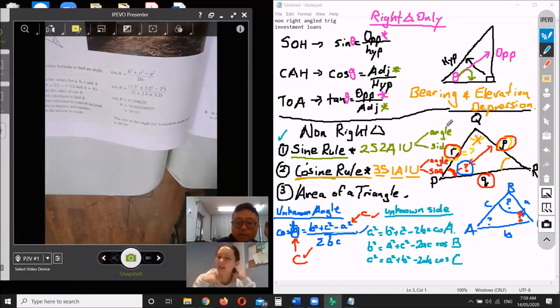So then you've got to find its supplementary. You've got to take it away from 180 in order to find what the obtuse angle is.